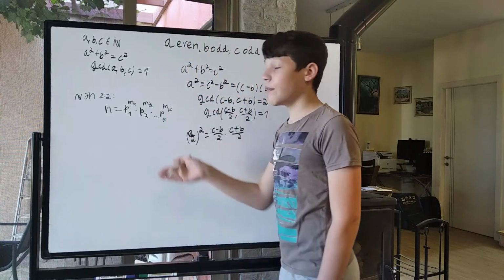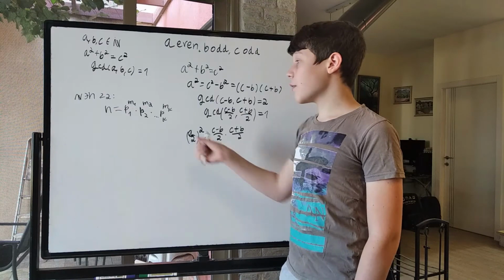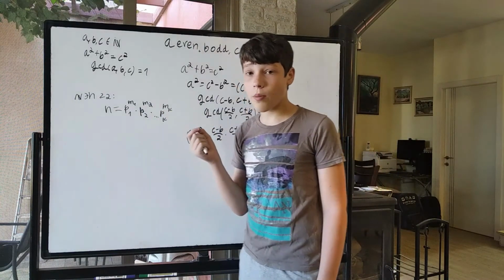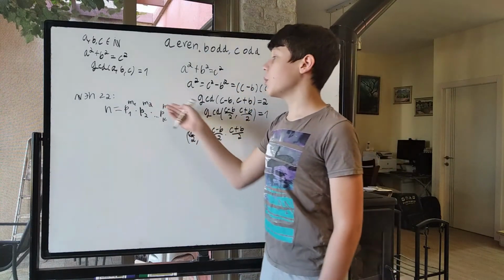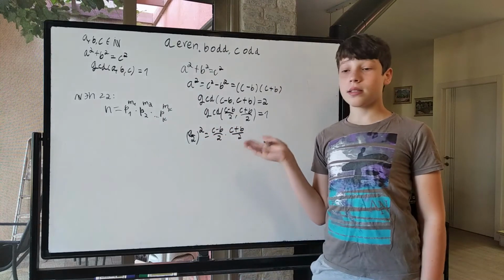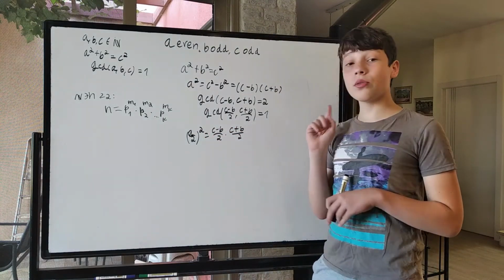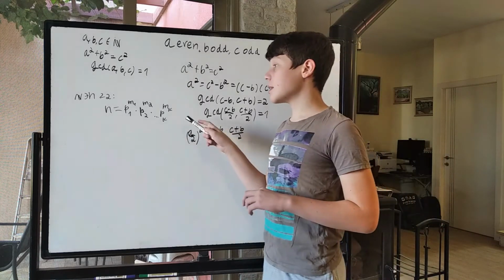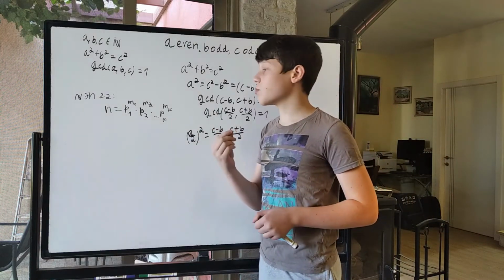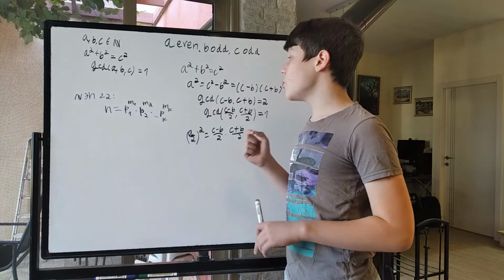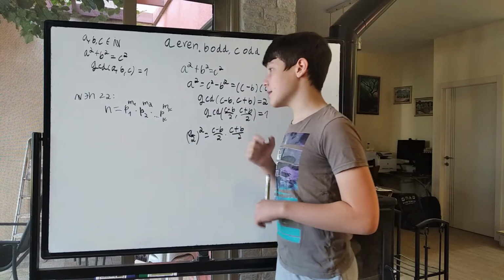Each one of those p's represents a prime, and each one of those powers is just a power that's at least 1. And it's not just that it can be represented this way, it is uniquely represented this way.